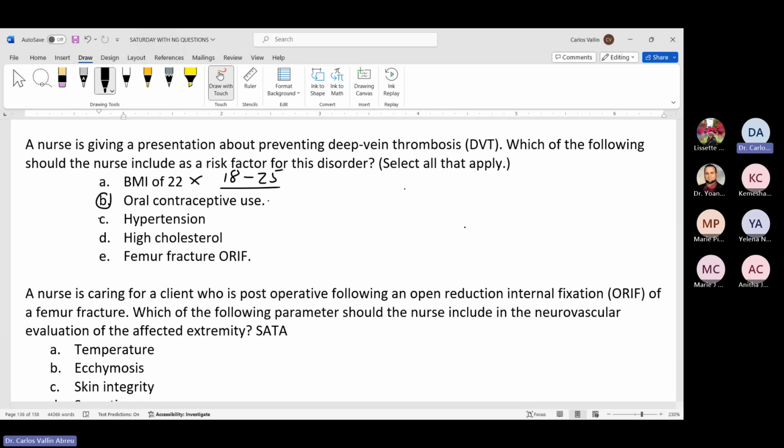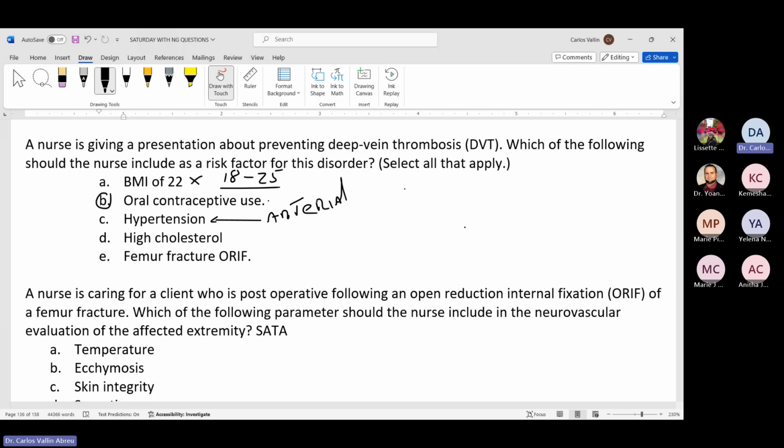Very well. Hypertension. Hypertension is not a risk factor of vein thrombosis. Hypertension affects arteries. It's an arterial disease. It's not affecting the veins. So it's important that we discuss that, because you can be confused on the day of the test. You have that, oh my goodness, could hypertension be a risk factor for DVT or not?